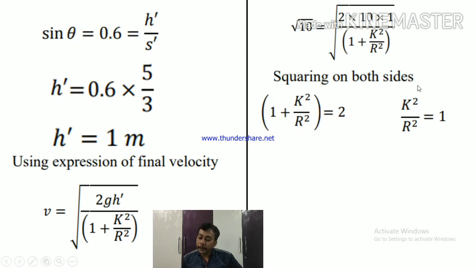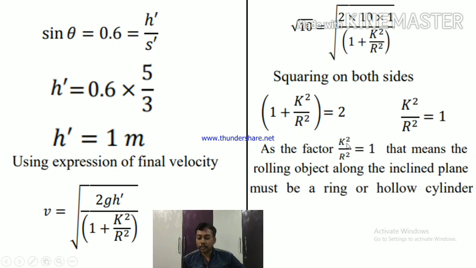And if we take the ratio of square of radius of gyration to the square of radius, then it is 1, and if this ratio is 1, then the body must be a ring or a hollow cylinder. So as the factor k square upon r square is equal to 1, that means the rolling object along the inclined plane must be a ring or hollow cylinder.